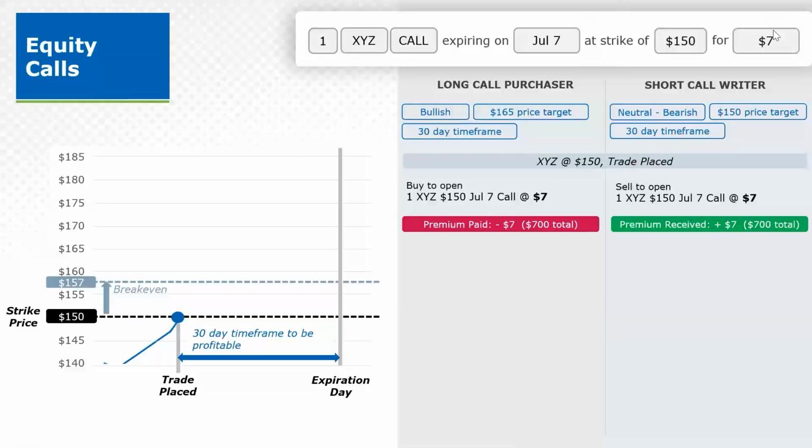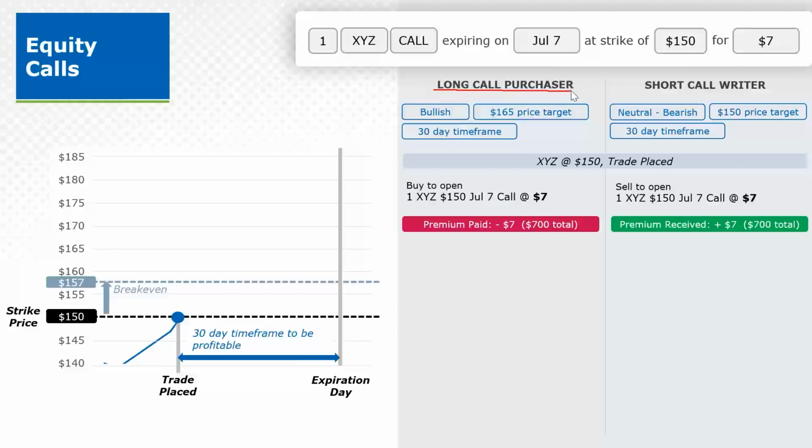So that's how much the call option is worth. The price of XYZ, the actual market price, is currently at 150, and there's a 30-day time period. I use July 7th, but let's assume that's 30 days from now. There's a 30-day time period here to be profitable.